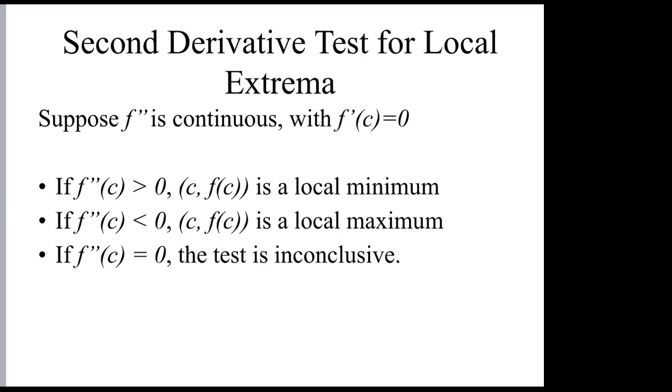If the second derivative, f prime prime, we have to first of all state that it is continuous. So that derivative exists for all x, or at least it exists at c. So I need to check, does it exist? It exists at x equals c. And we have the criteria that the first derivative at that point c is equal to 0.